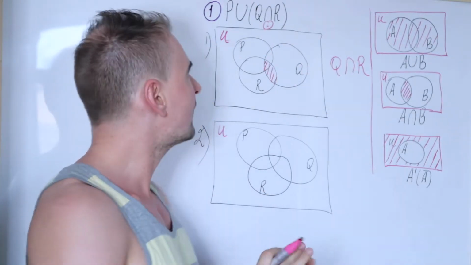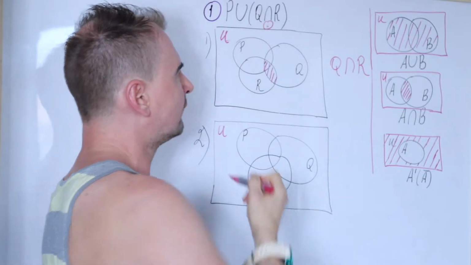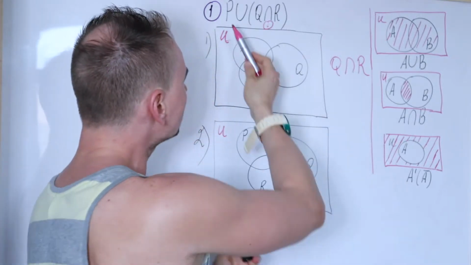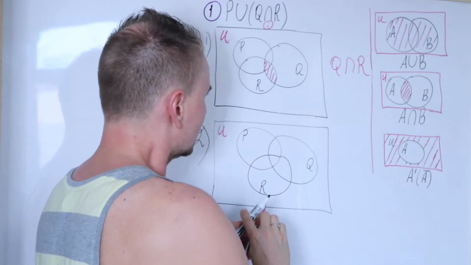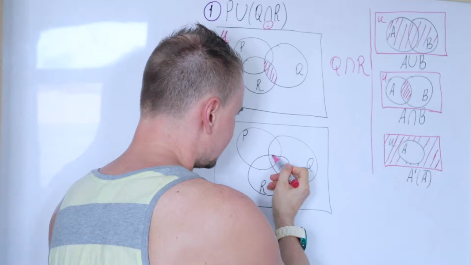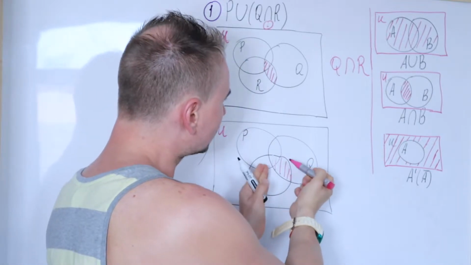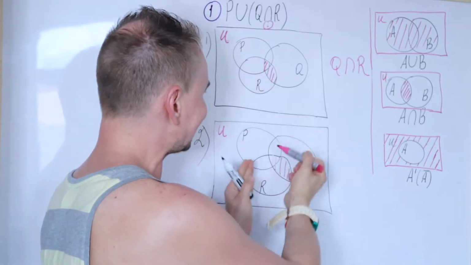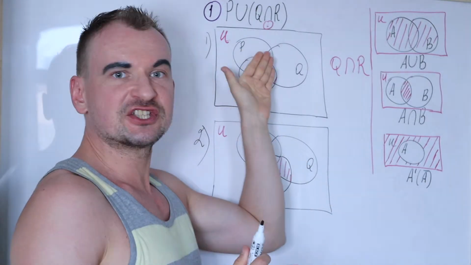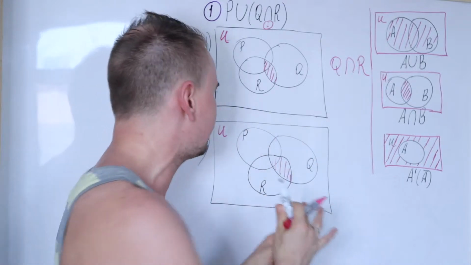Now, the last step, we're going to find the union between P and what we found before, namely Q intersection R. So we're going to join P and this set. Since we have Q intersection R, this part, we're going to join this part and set P. You could think of this picture as being placed on top of that picture.